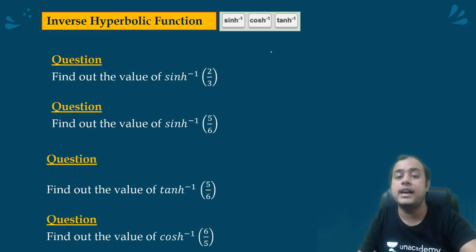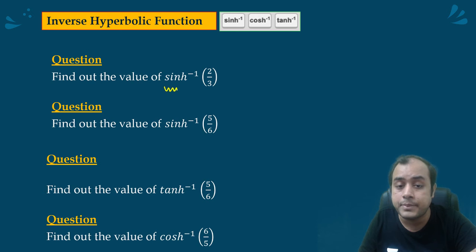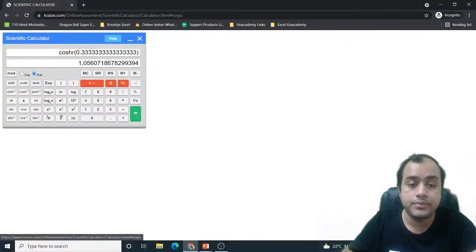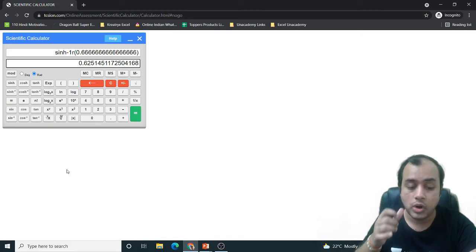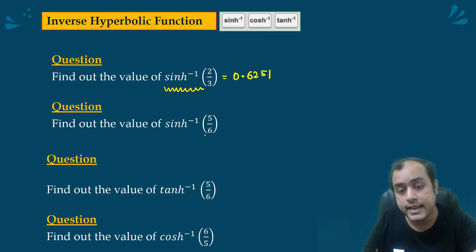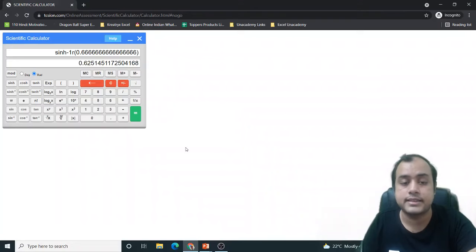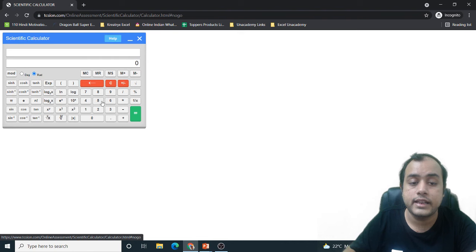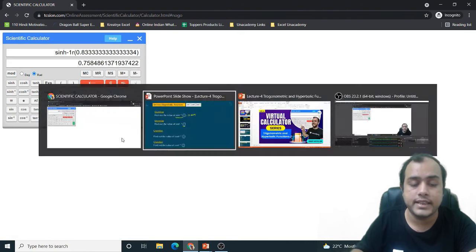Now similarly we are given the inverse function of hyperbolic also. Sin h inverse 2 by 3. So I'll write 2 by 3 equal to, I'll press sin h inverse 0.6251. Sin h inverse 5 by 6. I'll clear it. 5 by 6 sin h inverse 0.7584.